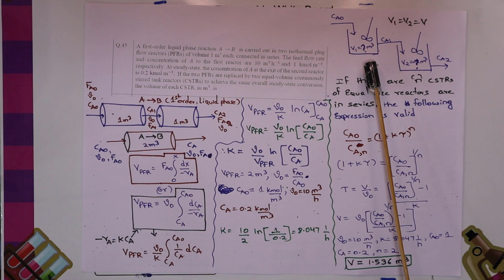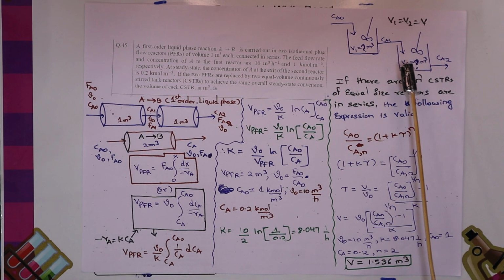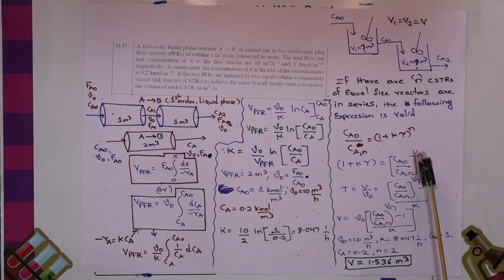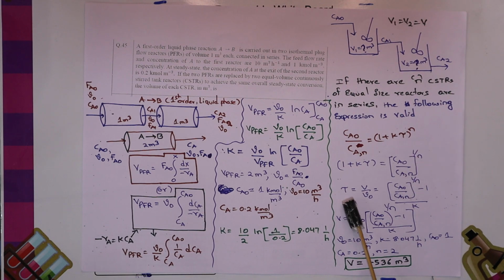Here it is given that there are two reactors connected in series, so the value of n will be taken as 2. If you rearrange this equation, 1 plus k tau equals (Ca0 by Can) to the power 1 by n. Tau is the space time, which is volume by volumetric flow rate, so the volume is encrypted in the expression for tau. Tau is nothing but ((Ca0 by Can) to the power 1 by n minus 1) divided by k.